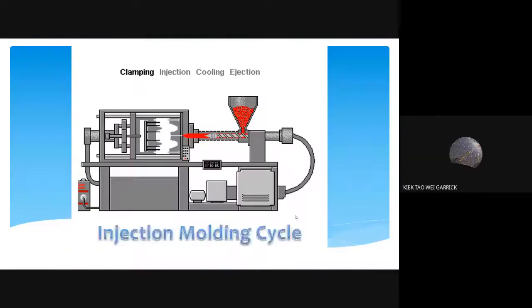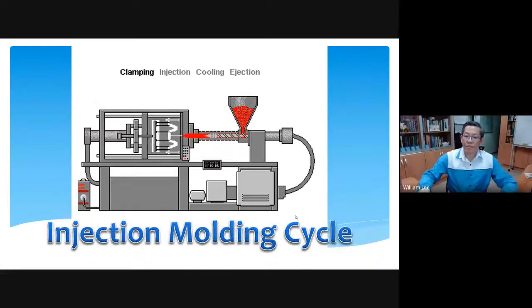Okay, so here you can see that there are 4 phases: one is the clamping, followed by injection, then cooling, and then the ejection. As you can see from this injection molding process, the first phase is clamping.